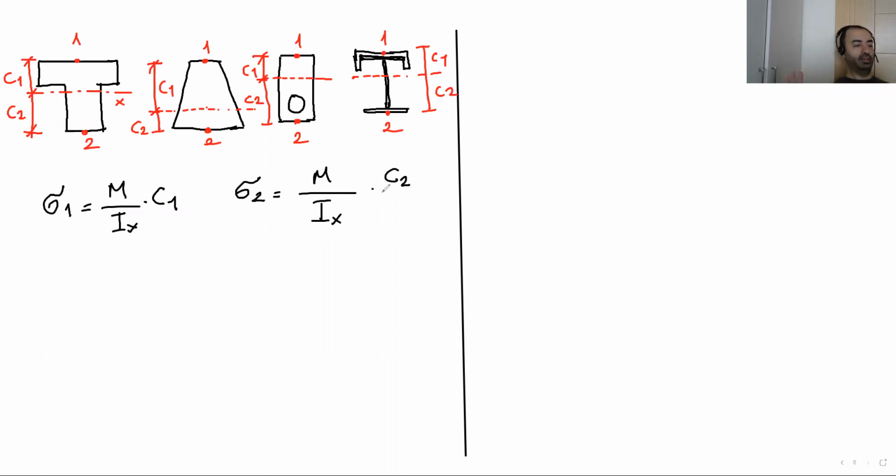So here, what we understand, if we don't have a symmetrical section according to the horizontal axis, if we are looking for the stresses at the top and bottom, yes, you can do this calculation. If you are looking for the maximum stress, you can calculate sigma 1 and sigma 2 and get the maximum one from there.